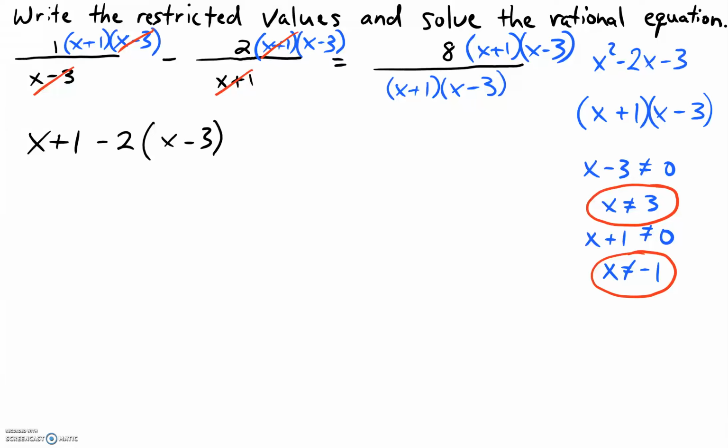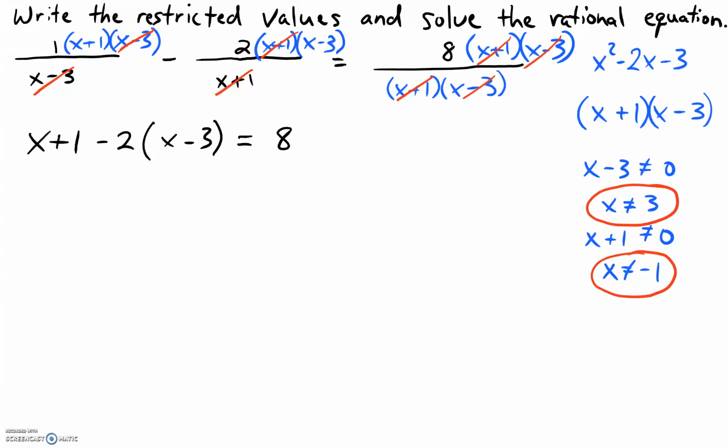So you want to be sure that you leave that in parentheses, otherwise you'll forget to distribute the negative 2. Now the right hand side of the equal sign in this case is really nice because the x plus 1 and the x minus 3 cancel out on top and bottom, leaving us with just 8. And so again, after our first step, all of the denominators have canceled out, and all we have to do is solve this reduced in difficulty problem.